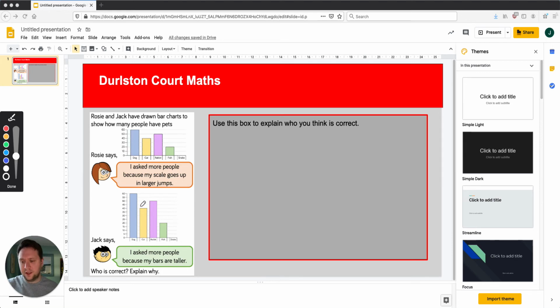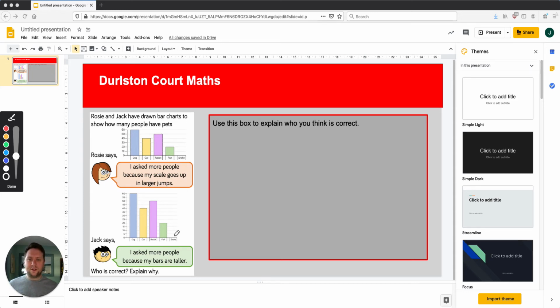Let's have a look. So his dogs, 60 people have dogs, 40 people have cats, 50 people have rabbits, 20 people have fish, and no one has a snake. Now I've noticed something here.